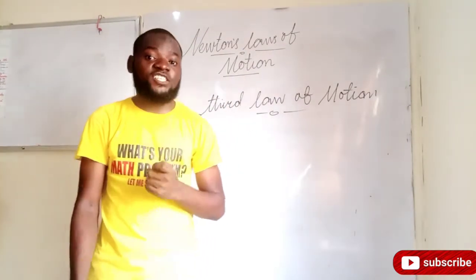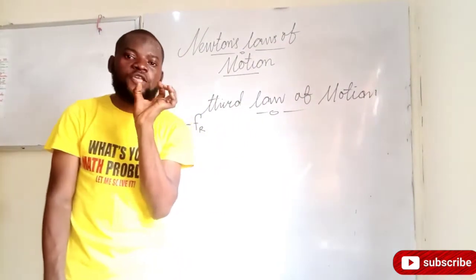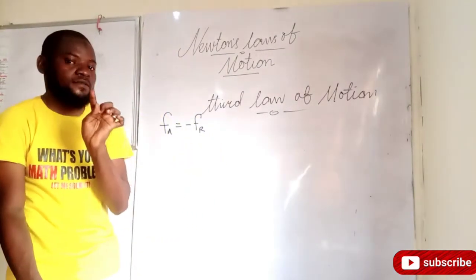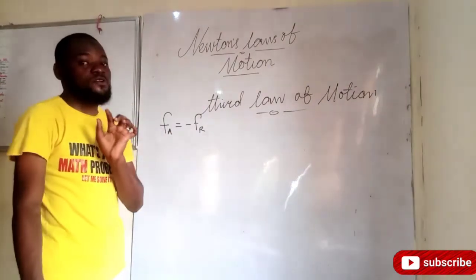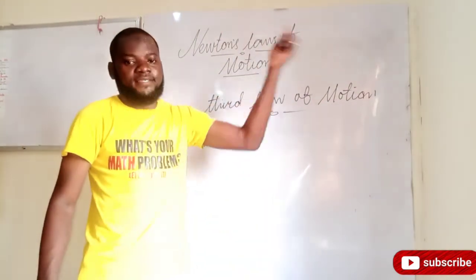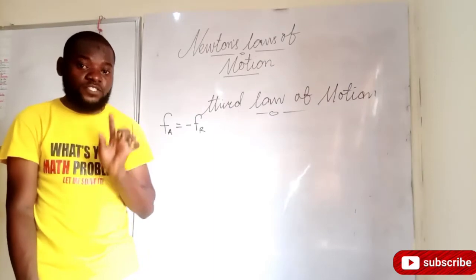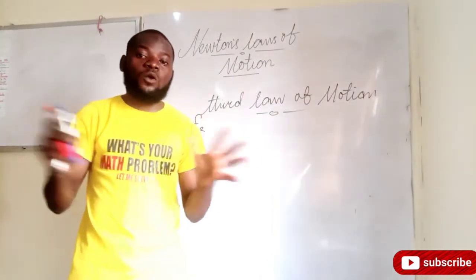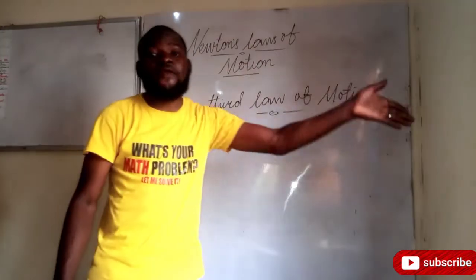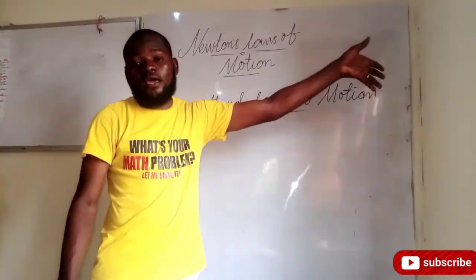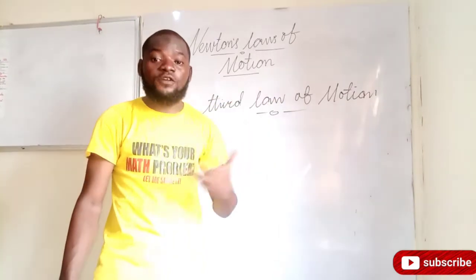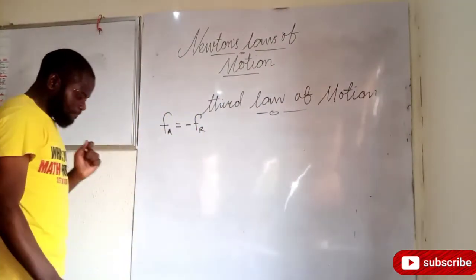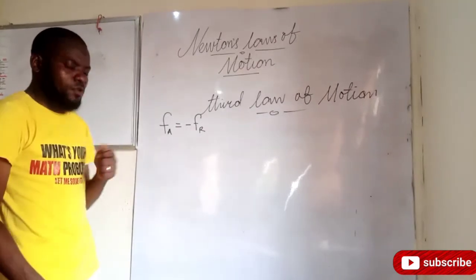And I told you initially that when you keep force constant, because the force is about to be constant now, let me say it's constant, because this and this are equal. So the force acting on the marker is the same force acting on me. Are we together? But my mass compared to the mass of the marker is absolutely high. And that's why I cannot accelerate at the same rate at which the marker accelerates, even if we are being applied by the same force. Okay? That's that about the third law of motion.